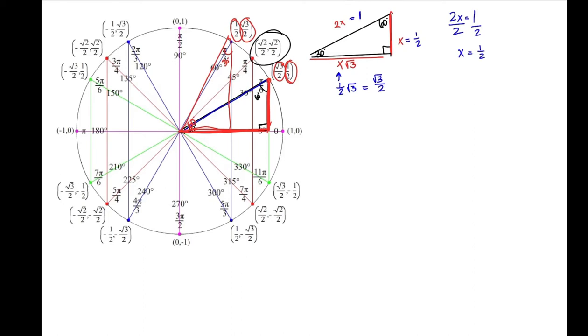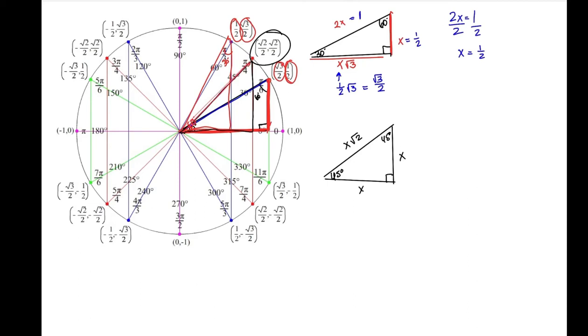I'm going to take this root 2 over 2 from my 45, 45, 90 triangle. So here we go. We have a 45, 45, 90 triangle. We know the pattern for the 45, 45, 90 triangle is x, x, and x root 2.